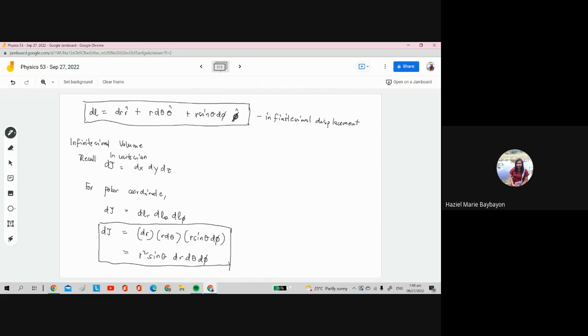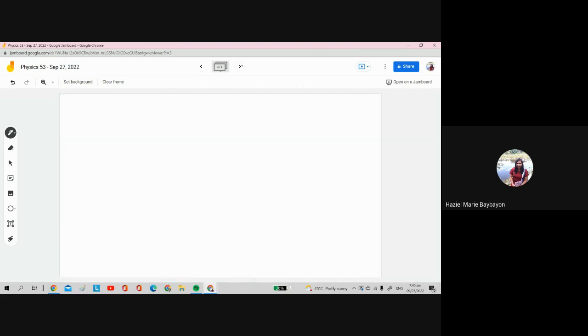Now, for the infinitesimal surface element, it is dependent on the surface. Okay, so wala siya fixed nga form, but it is dependent on the surface. So for the infinitesimal surface element, dA, no?